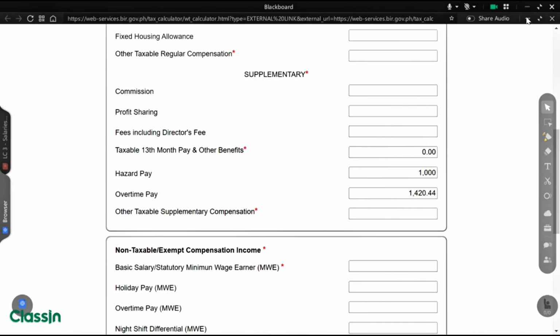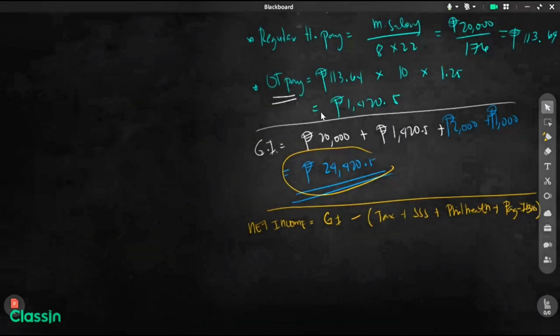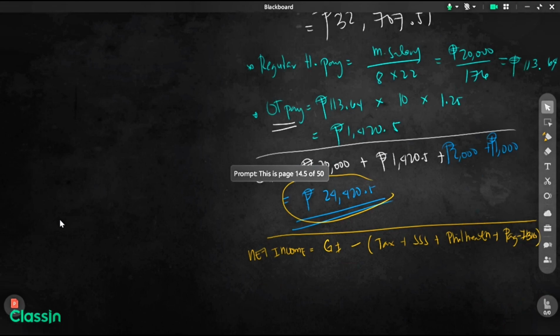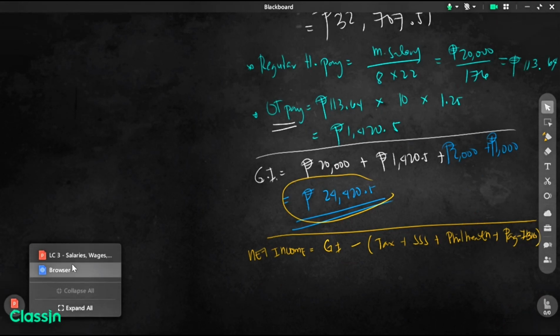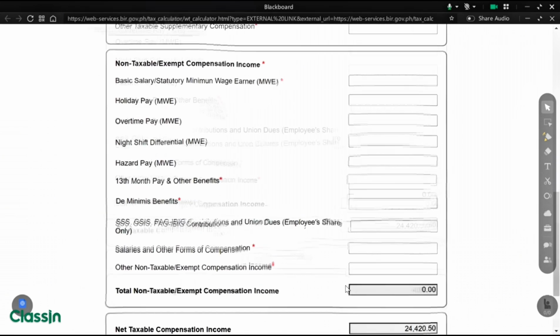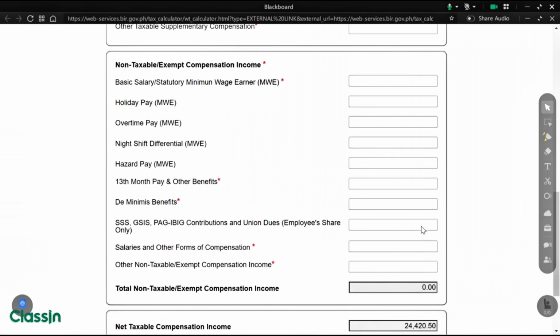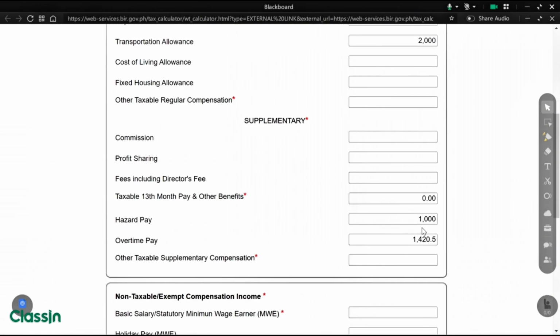And as for the overtime pay, what is our computed overtime? 1,420.5. So let's compute for our tax. So with that in mind, our tax will be 538.13.